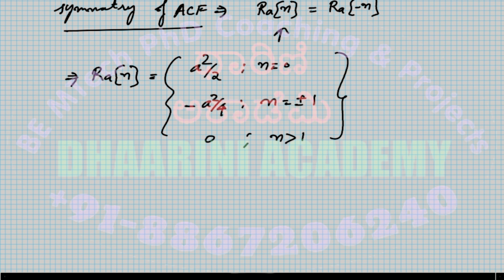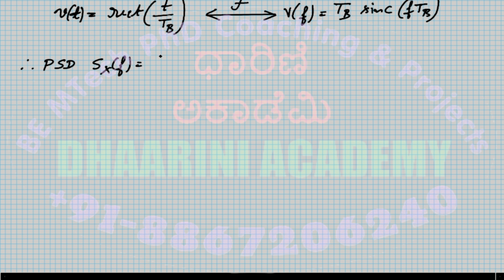All right, so everything we got, let's substitute in the main equation of the power spectral density. So therefore, the PSD denoted by Sx of f. So the original equation, let's write once again. This is 1 by Tb into magnitude V of f the whole square into the summation where n varies from minus infinity to plus infinity.